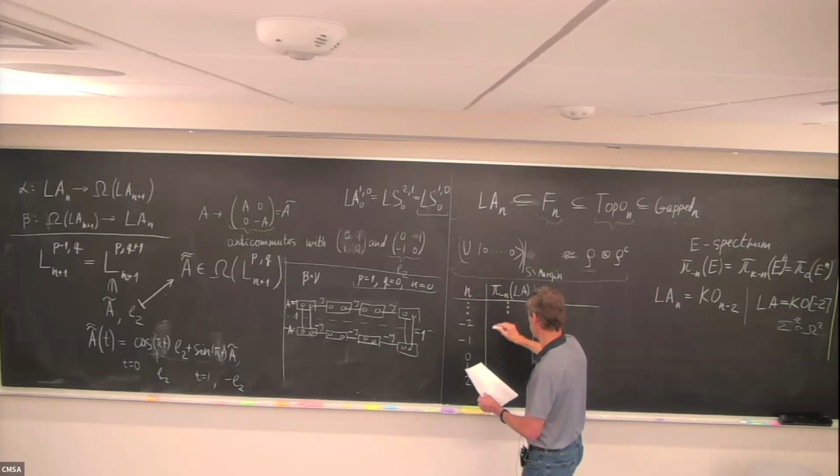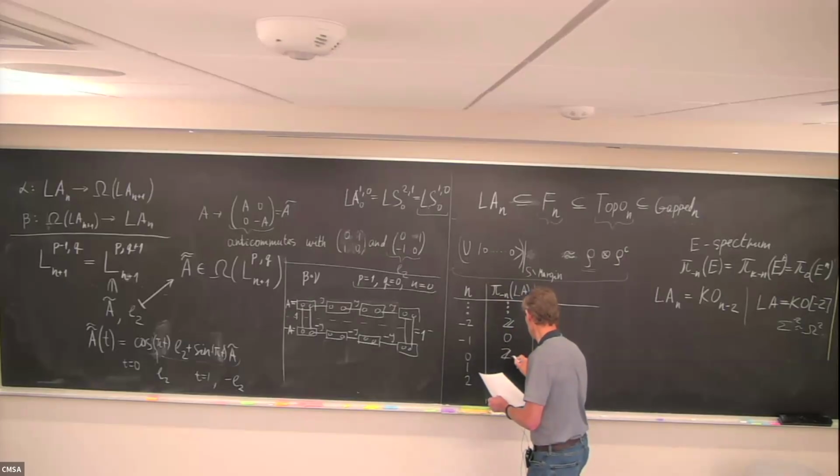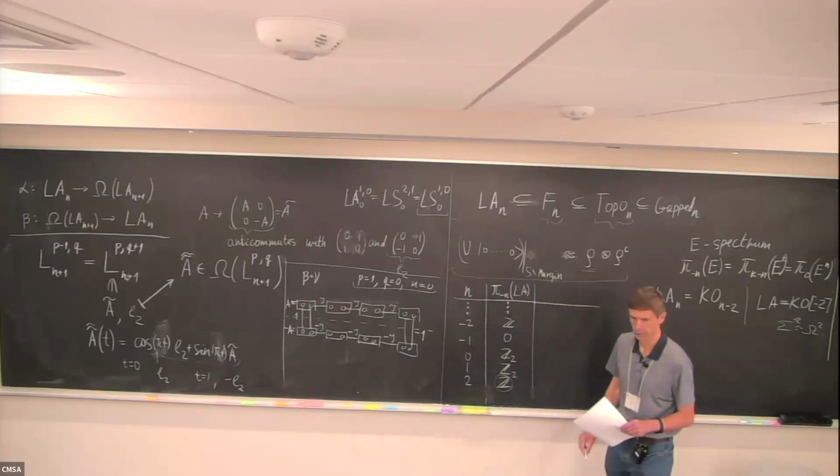There is something that is given by Bott periodicity: Z, 0, Z2, Z2, Z. And this is the fundamental Z2 of the KO spectrum.